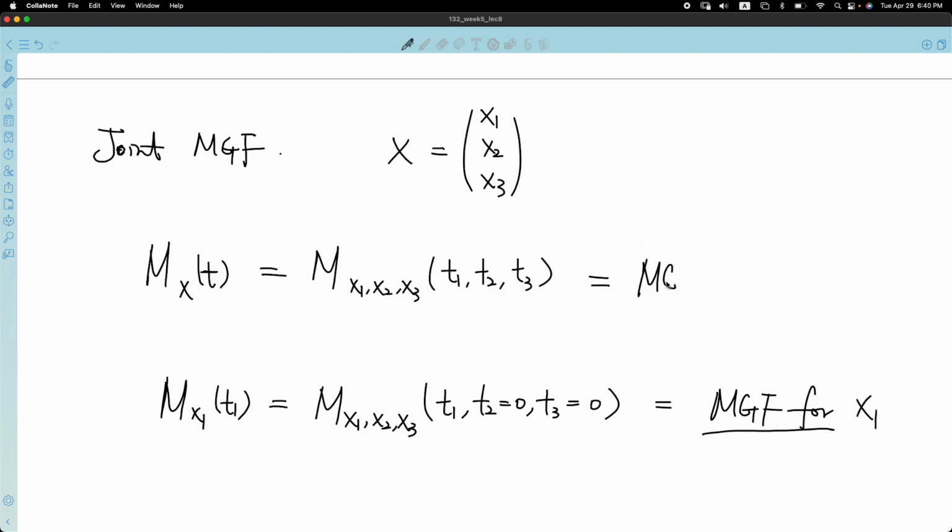And this is the moment generating function for x1, x2, x3. So to get the moment generating function for x1 from that for x1, x2, x3, all you need to do is set t2, t3 to 0. Whatever expression remains on the right hand side will reduce to the marginal case.